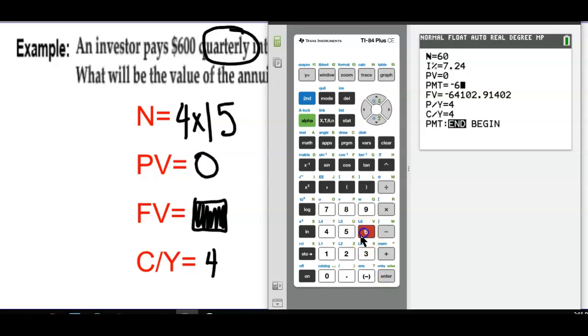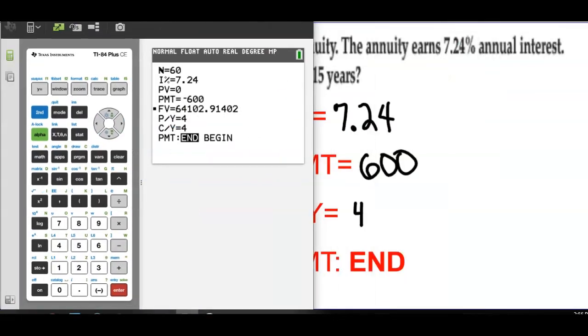If you had put negative 600 here, and then gone down to this spot and done alpha enter, remember it's not second enter, it's alpha enter, the sign would be positive. It just means one way is the bank getting your money and one way is what the bank owes you back. It's the only way the calculator can do it is for it to have opposite signs.